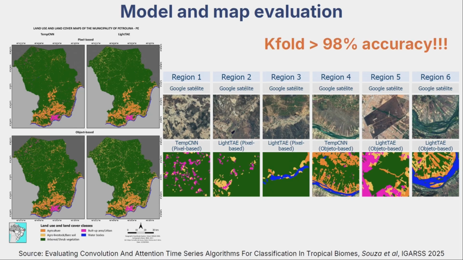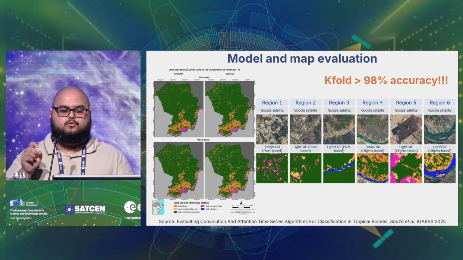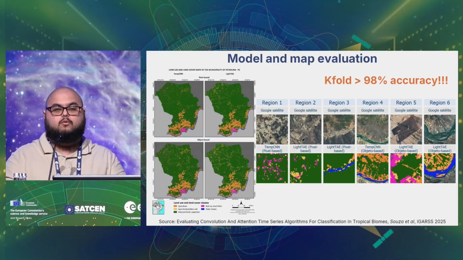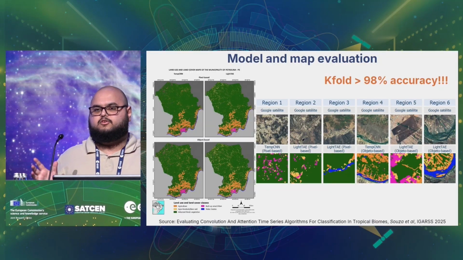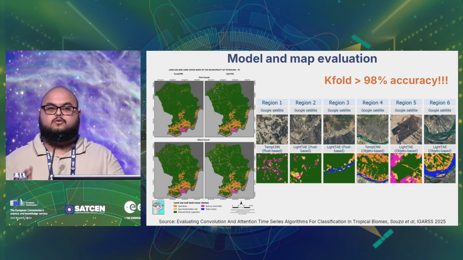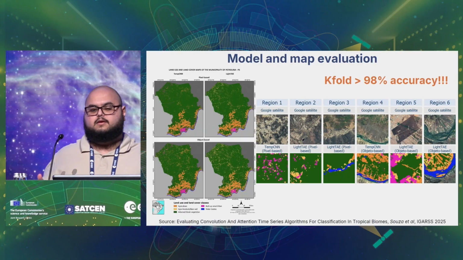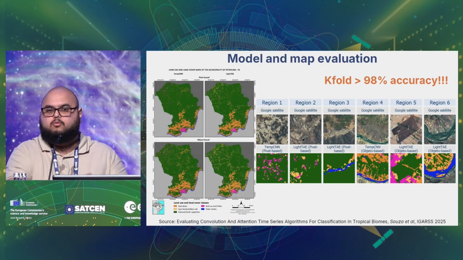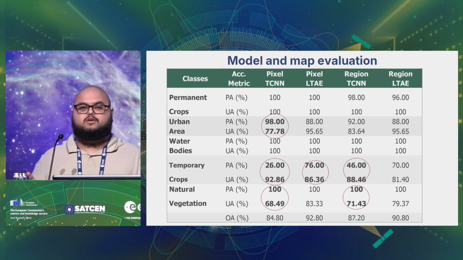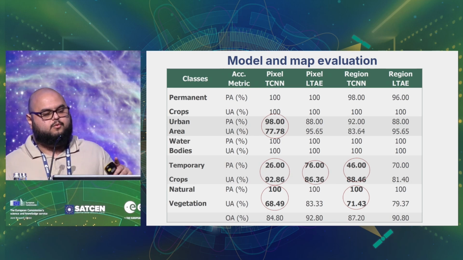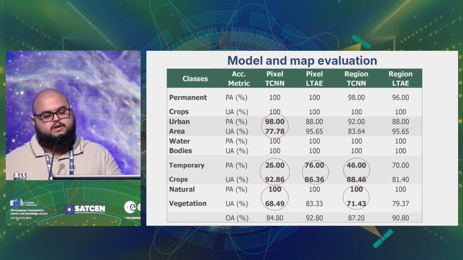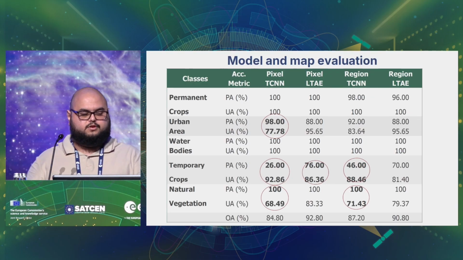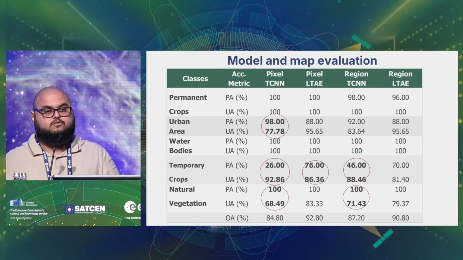And this is a very hard region in Brazil to map. When we collect samples and evaluate considering only the k-fold, we have something like 98% accuracy, which is very good, okay? But when we evaluate the map itself, not using only the k-fold, we have very different results. We see, for example, for urban areas, results that are not very good, the same for temporary crops, and so on.